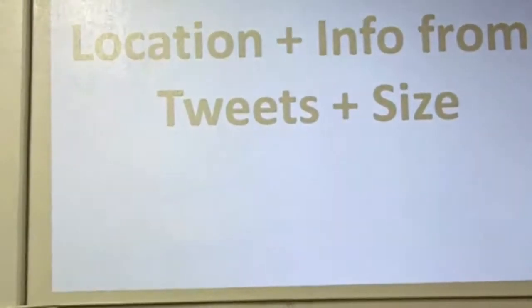But if you think about it, equation location plus information from tweets plus size equals something really, really big. Because not only do you have a person's location, but you have the tweet that talked about what they were doing at the time or where they were at, and you could utilize that information. You could use the search and dissect it, use the APIs, and you could do detailed local trends.